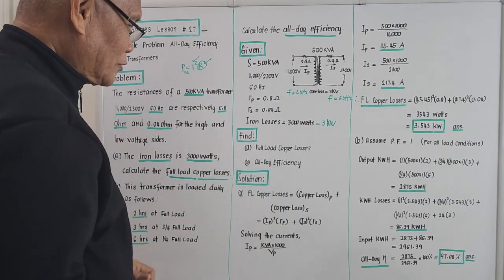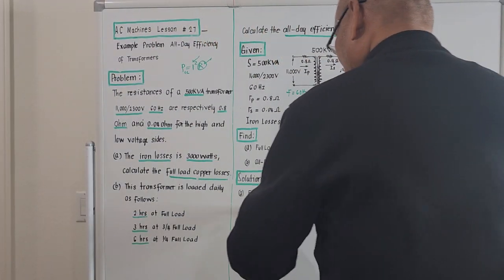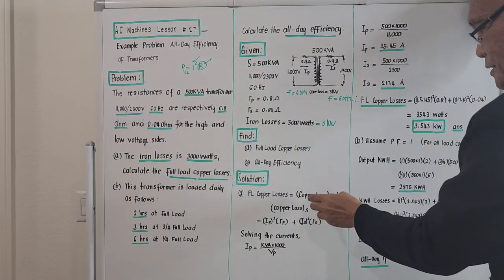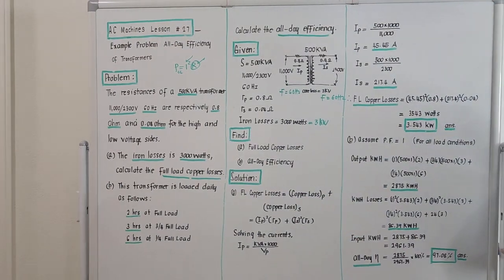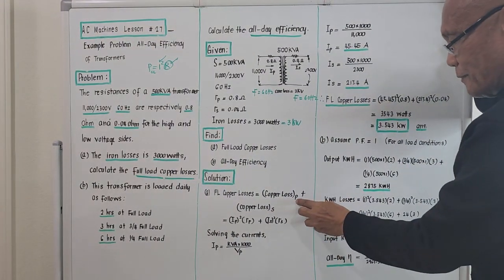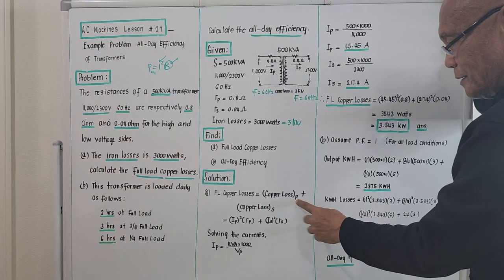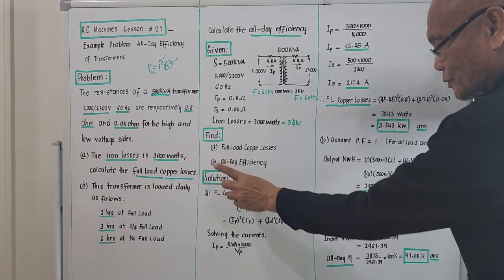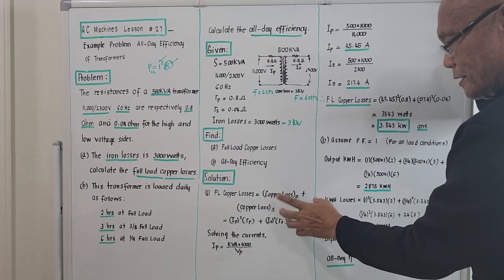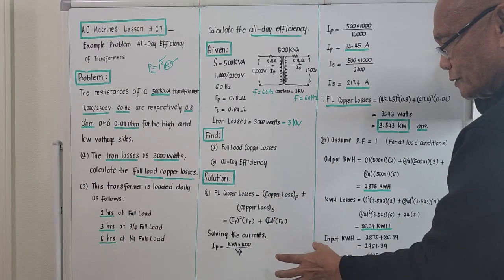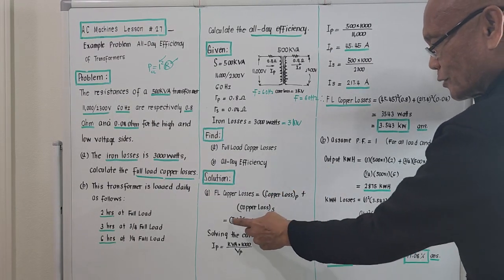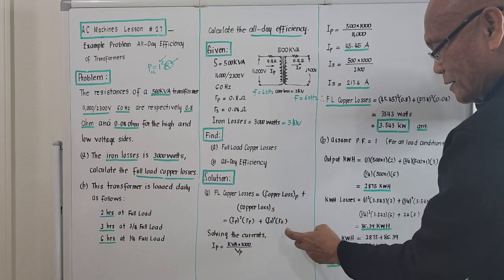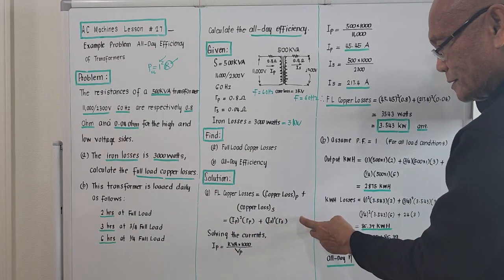losses. So actually here, full load copper losses is the copper losses with the subscript P, meaning on the primary side, plus the copper losses with the subscript secondary side. And the formula on how to compute for the copper loss is the square of the current times resistance.